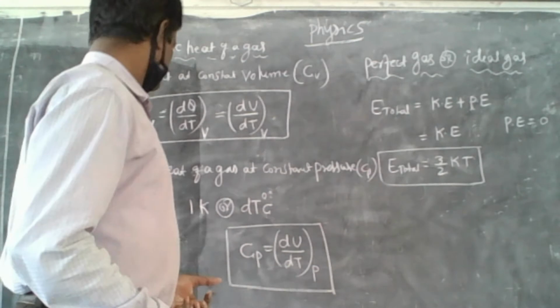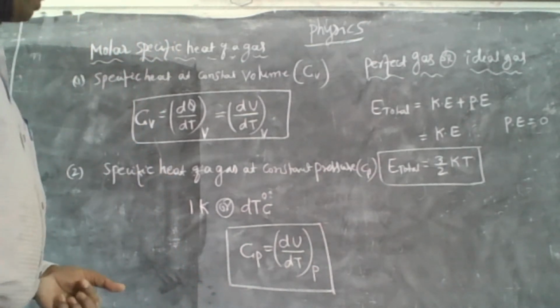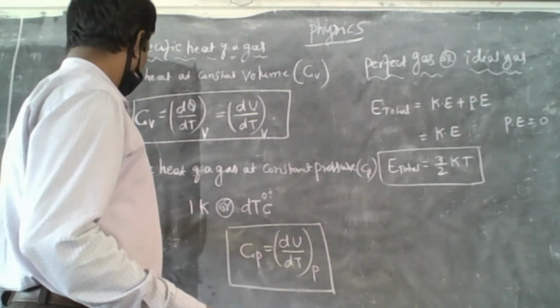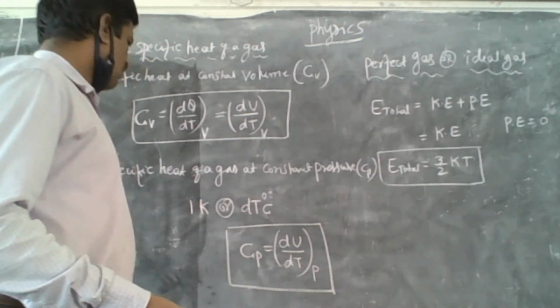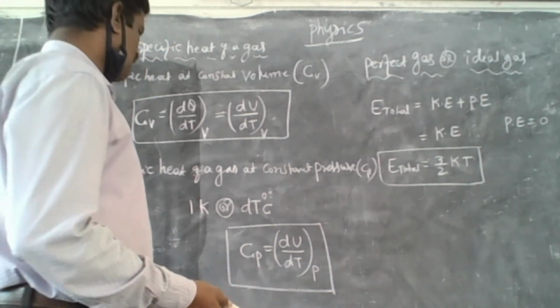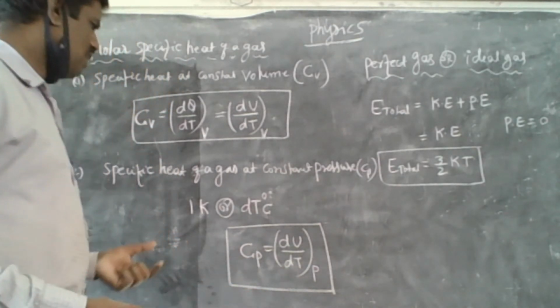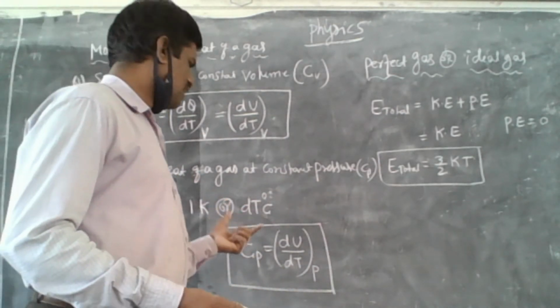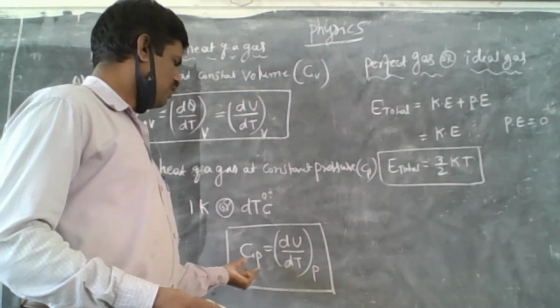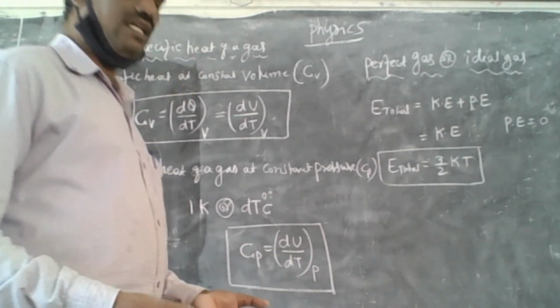What do you mean by specific heat of a gas at constant pressure? Here, it is the amount of heat required to raise the temperature of a gas through 1 Kelvin, keeping pressure constant. Therefore, Cp is equal to dU by dT at P.